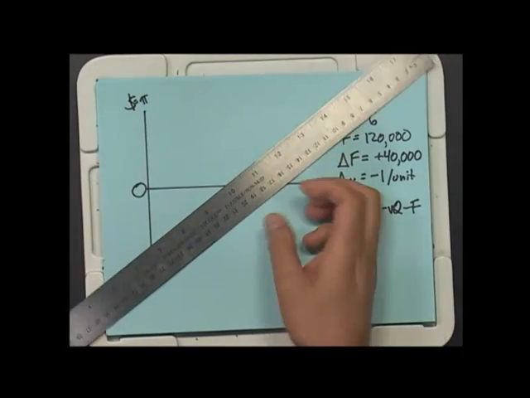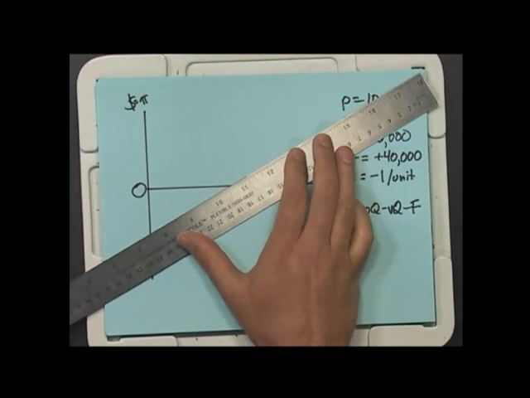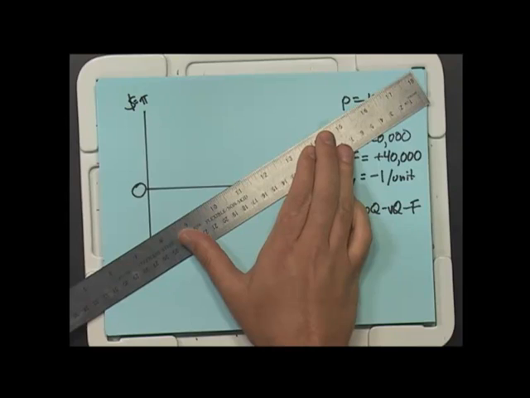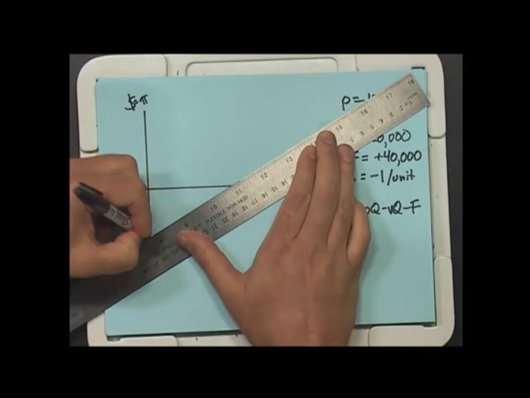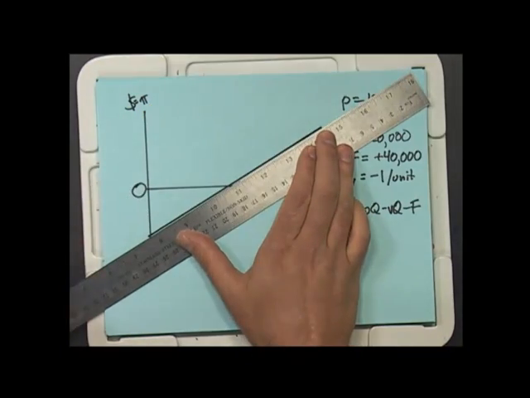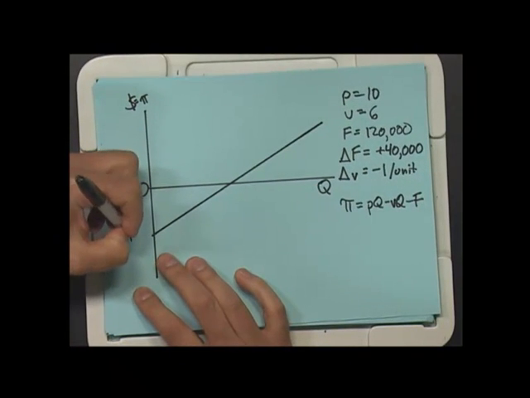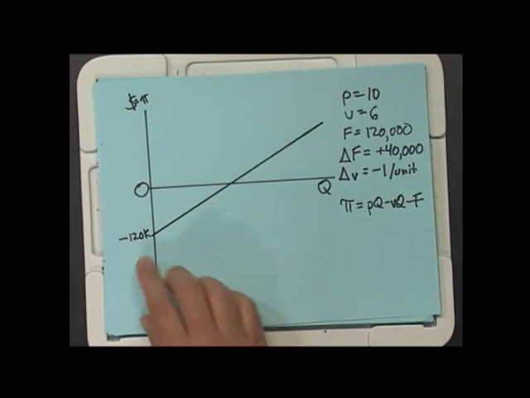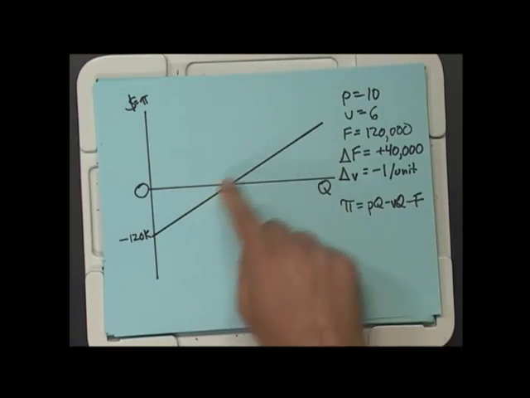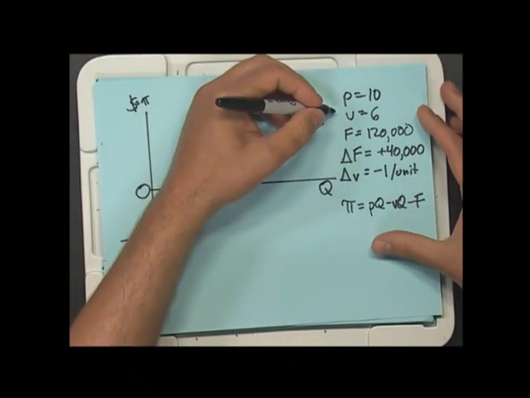And so our line is going to look something like this. Here is our minus 120,000, because if Q is 0, we don't get any contribution margin from any units, and we lose our 120,000 in fixed costs. And so this goes up.